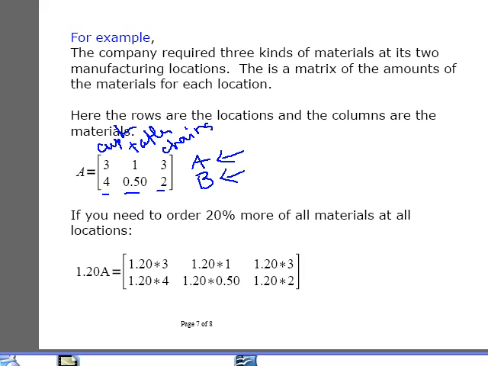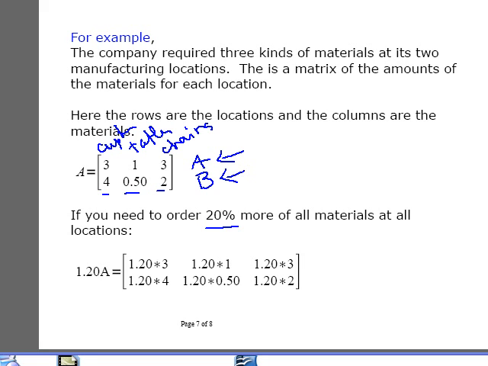Now let's say your entire order, all the materials at all locations, has to be increased by 20%. That means that you would have 1.2 times as much material at every location that you would have to order, and you would like your new amount matrix, the new matrix of the amounts that you have to order.